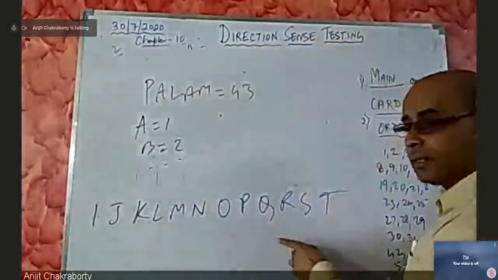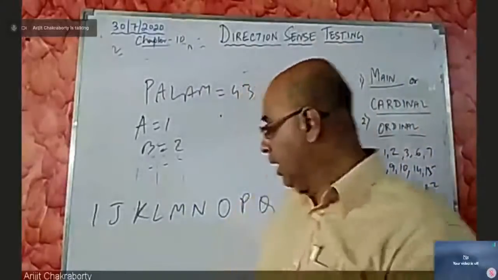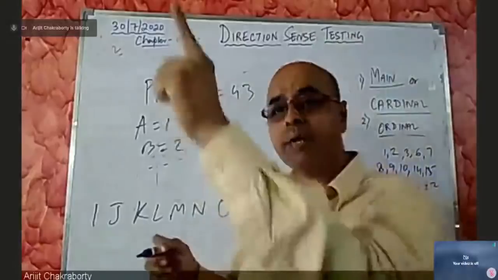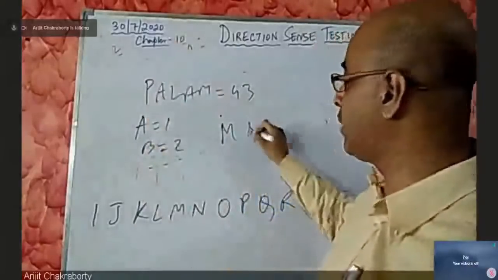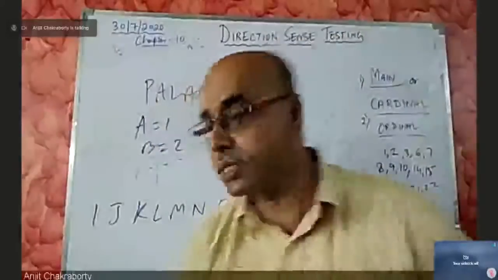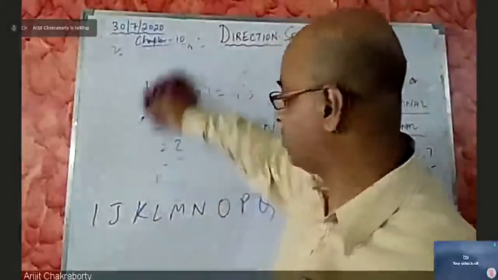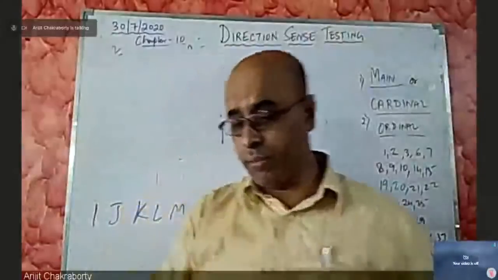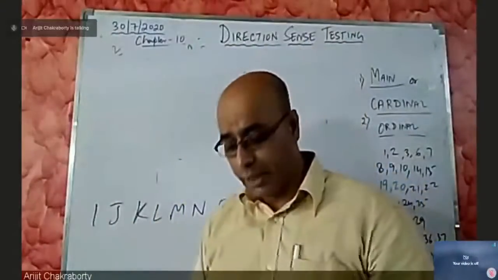Now, in this question, Navneet has asked why I said that the line of reflection lies between M and N. Please open the MTP and see question number 45, which I did yesterday.